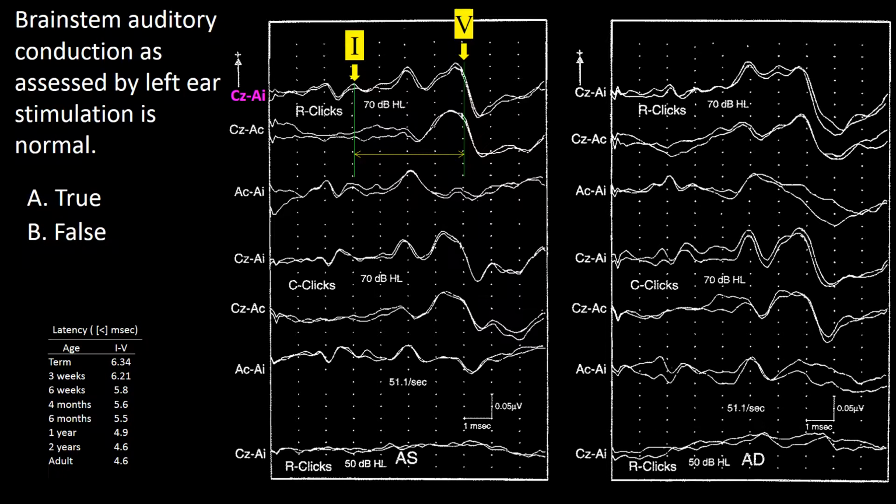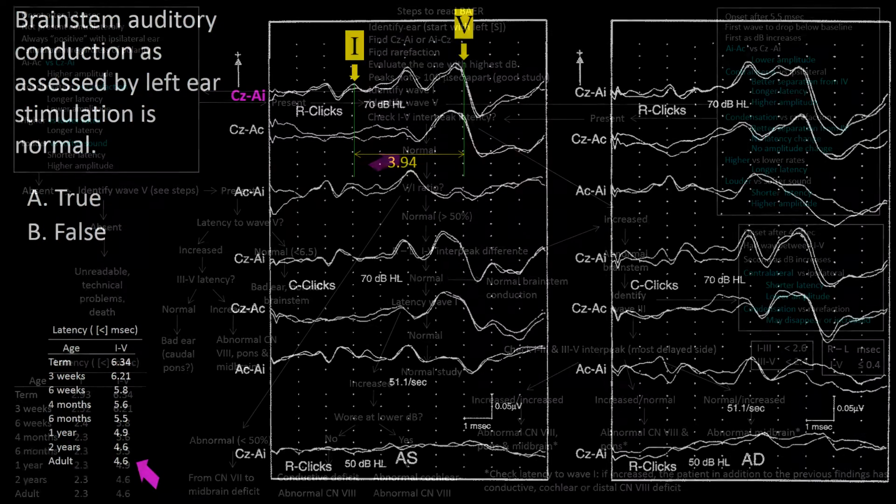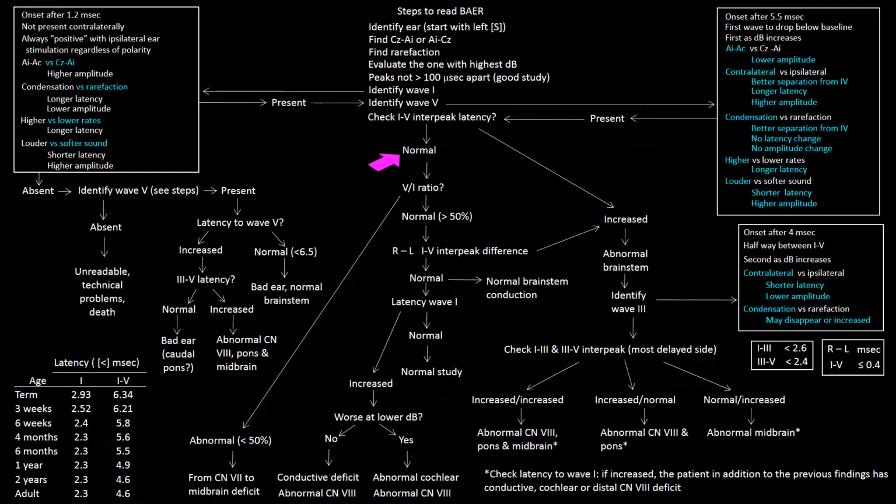So, the 1 to 5 interpeak interval in this patient from stimulation of the left ear is 3.94 milliseconds, which is normal.